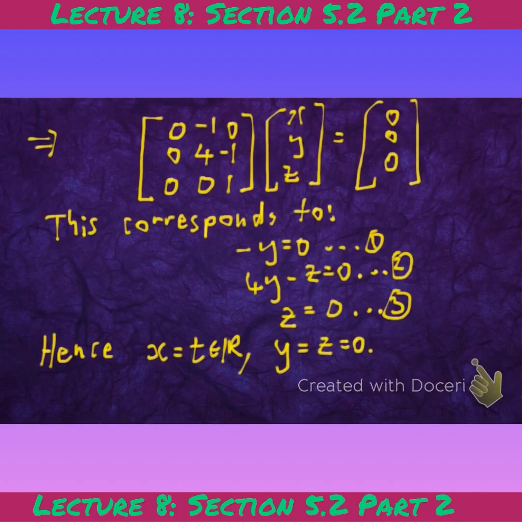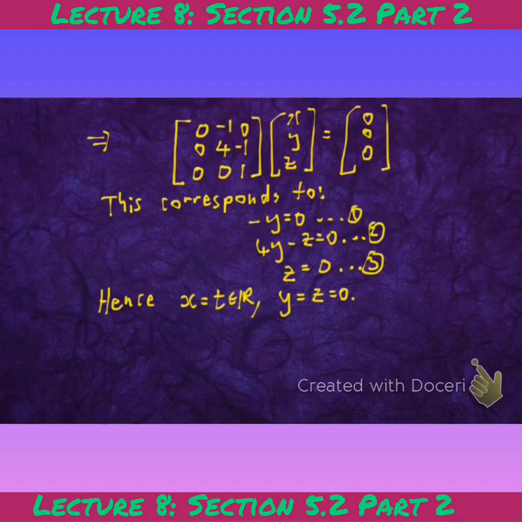That corresponds to the set of linear equations, minus y equals 0, 4y minus z equals 0, and z equals 0. So therefore, x is a parameter t, and y and z are both equal to 0.